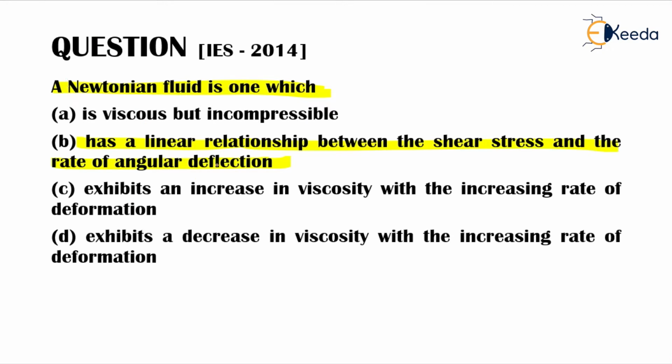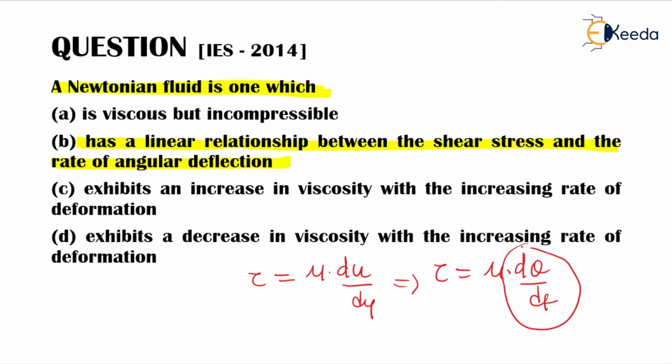Because of the linear relationship between shear stress and the rate of angular deflection. So look at this. Tau is equal to mu du over dy, which can also be given as tau equal to mu d theta over dt. So this is shear strain rate and this can also be connected to the rate of angular deflection. So this option seems to be correct.